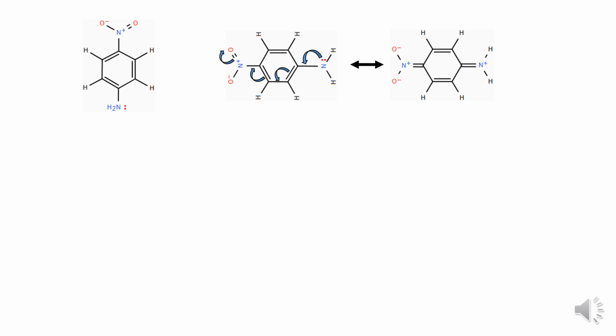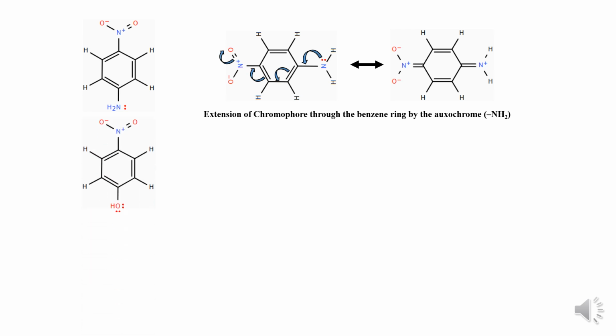So as a result of extension of conjugation, you see bathochromic shift both in case of procaine and phenylephrine. So extension of chromophore through the benzene ring by the auxochrome group, that is NH2. This happens by resonance. And the same mechanism holds good even in case of para-nitrophenol.